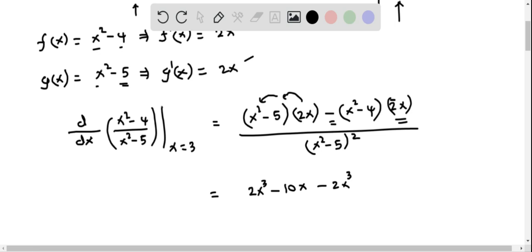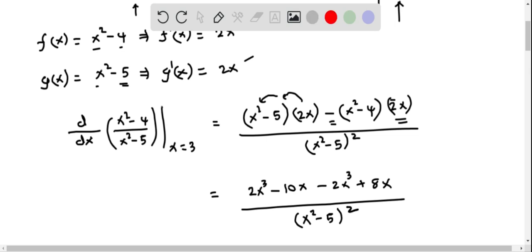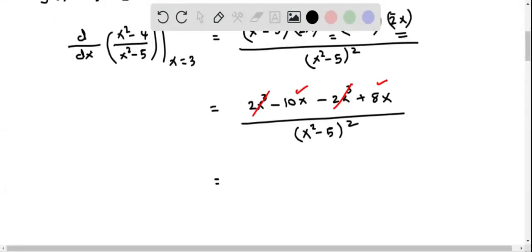Negative 2x times negative 4 is positive 8x, and this has to be over x squared minus 5 quantity squared. We see that we can cancel this 2x cubed and negative 2x cubed, and then negative 10x plus 8x is negative 2x, which we can write down the next step. So therefore this equals negative 2x over x squared minus 5 quantity squared.